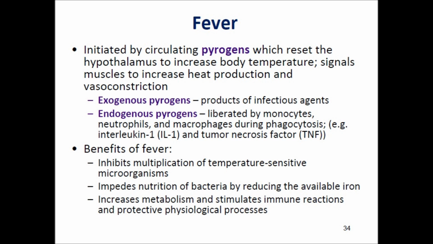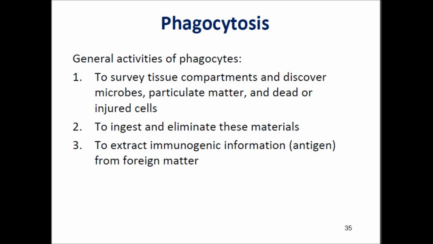So phagocytosis is one of the things. So we went through inflammation, fever. Phagocytosis is another process that helps in your defense. And you know, macrophages are there. Neutrophils are engulfing and destroying microbes.